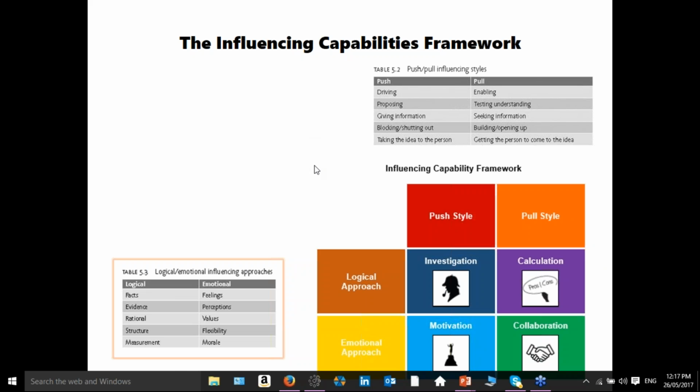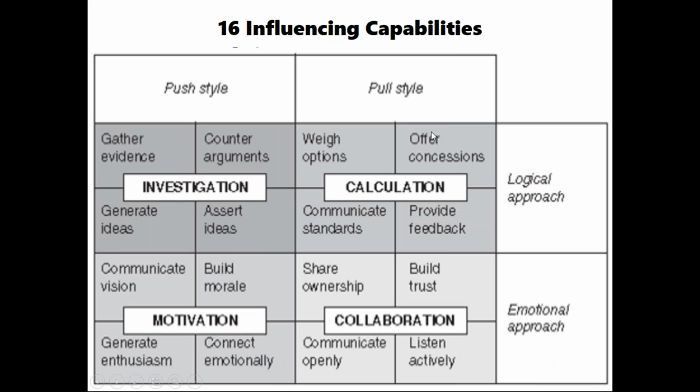So what we're going to do now is have a look at the capabilities that underpin this particular model. So what I'm actually showing you here is 16 influencing capabilities that are behind each of these particular strategies.